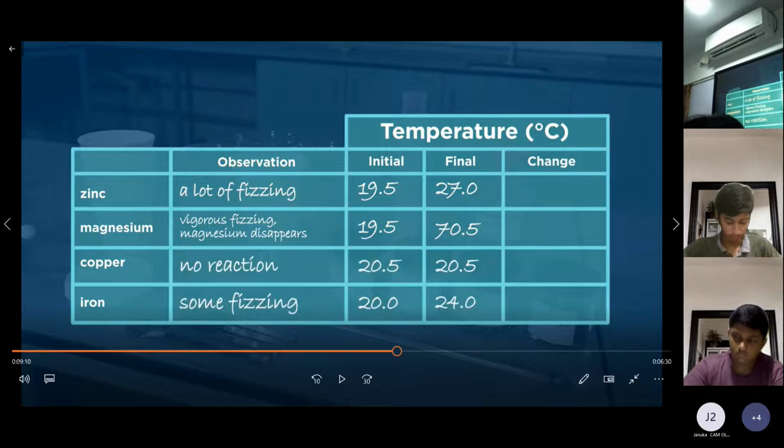Yes, Januka, your answer is correct. So today is mainly experiment day. And then after that, we'll be writing some important things about those reactions. I'll give you just 2 more minutes to conclude your work, and then we'll move on to the next.